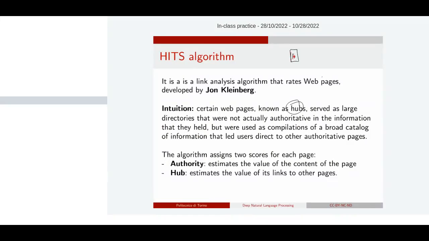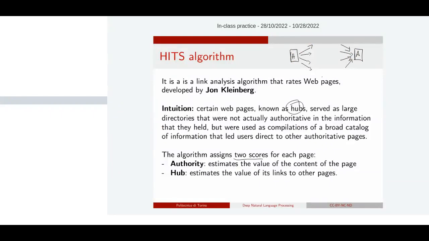So we can do this kind of distinction. We have hubs that contain a lot of outgoing links, this is the intuition, and then we have authorities that have a lot of incoming links. So we can define two types of scores, one for hubs and one for authorities. The algorithm assigns two scores.